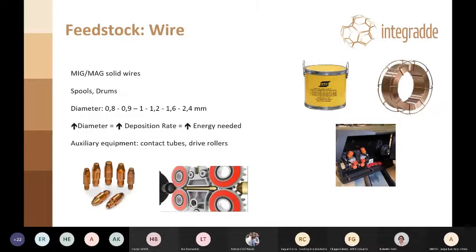The other type of feedstock we are using is wire. In this case, we are using solid wires that are already used in arc welding.